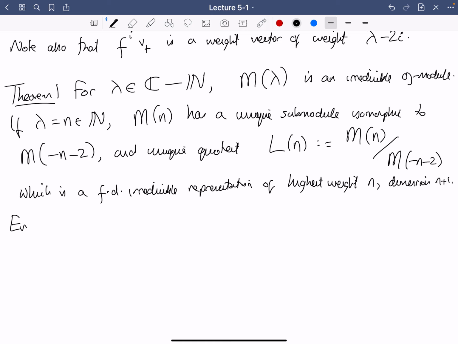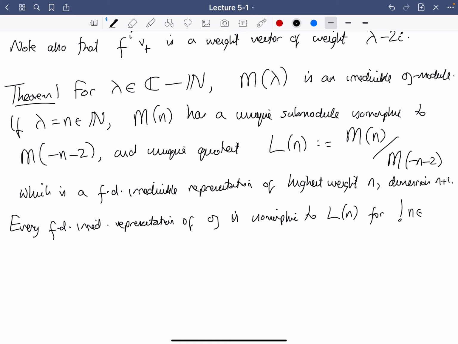And finally, every finite-dimensional irreducible representation of this Lie algebra is isomorphic to L of n for a unique natural number n. So this is the classification of finite-dimensional irreducible representations of SL2.